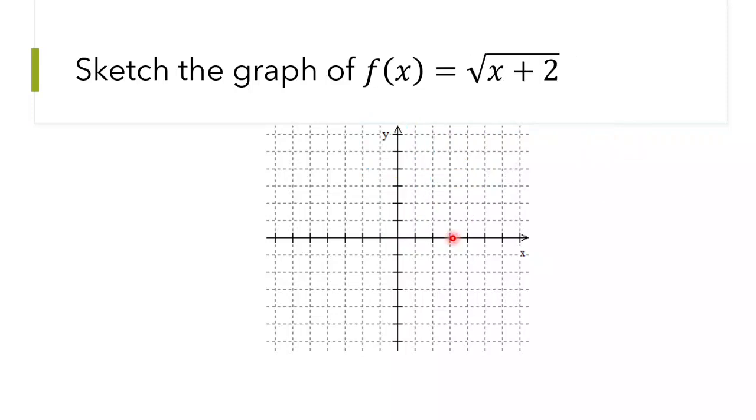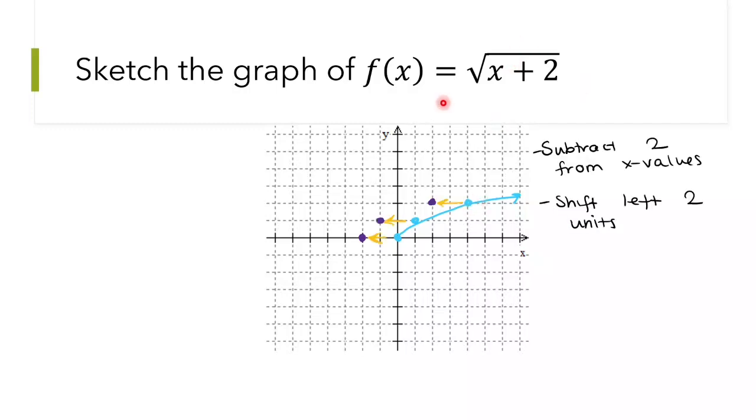All right, one more example. F of x equals the square root of x plus 2. There's my parent function, my square root function. Goes through the origin, (1, 1), and (4, 2). The plus 2 is inside the square root. That means it's an input transformation. It says plus 2. I'm going to do the opposite. I'm actually going to subtract 2 from all of my x values.